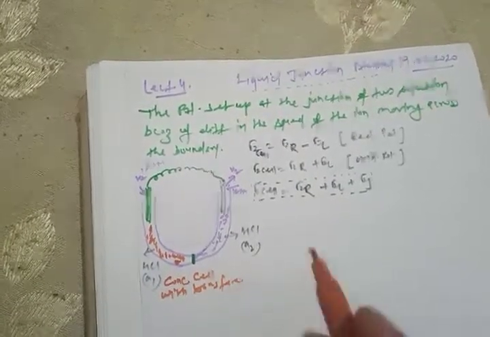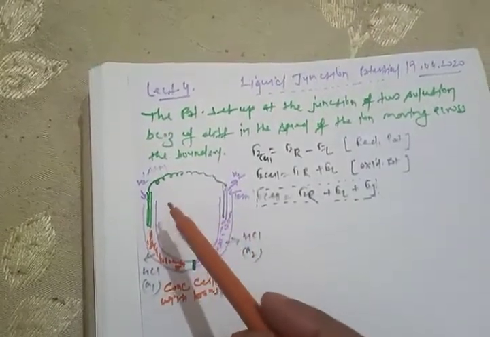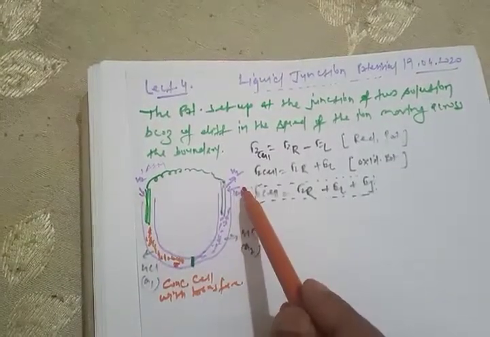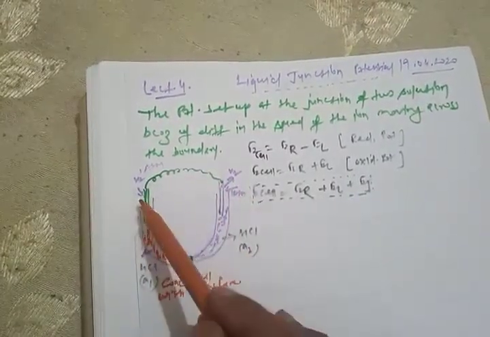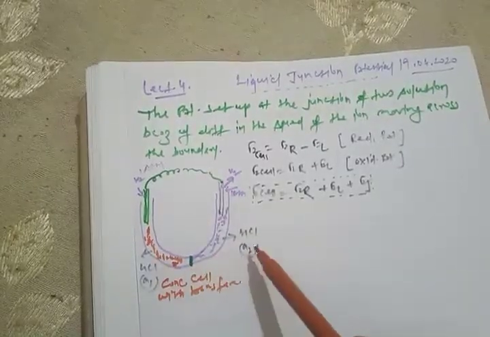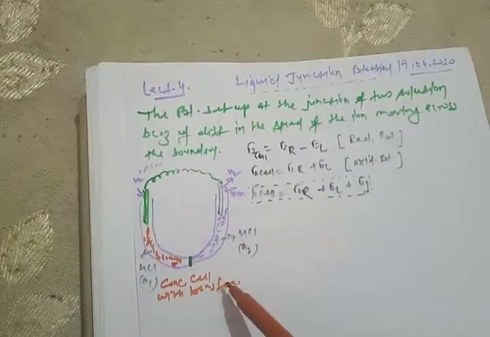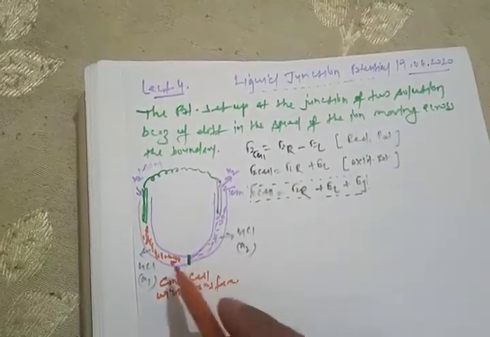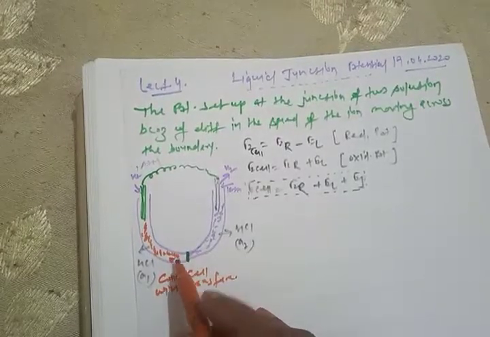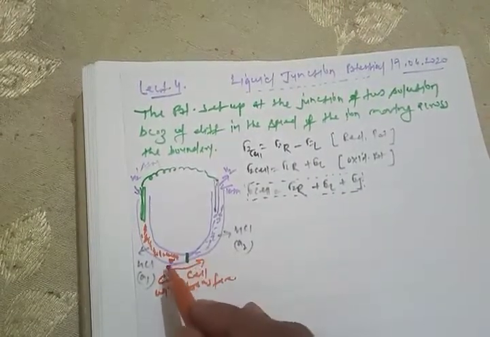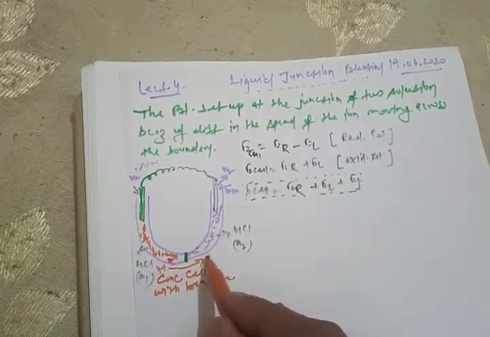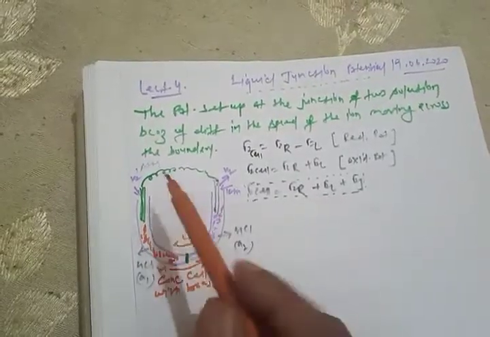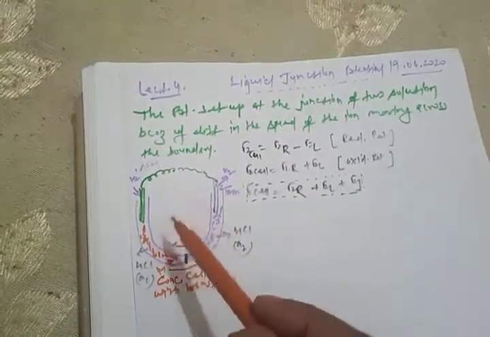Actually what happens here is that this hydrogen electrode and this hydrogen electrode are at 1 atm pressure, that means the electrodes are the same, but the concentration of electrolyte is different. So the electrolyte concentration is different, so it is a concentration cell with transference. Because here we have a semi permeable membrane, that means H ion can migrate to this side and chloride ion can migrate to this side. This is the difference. So we have two potential differences here.